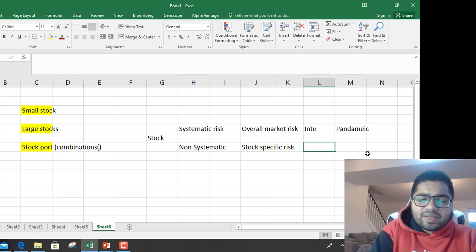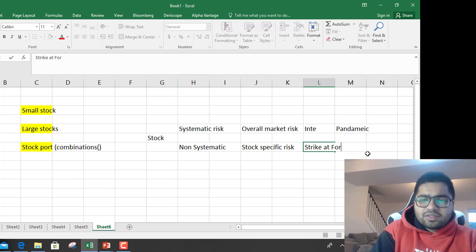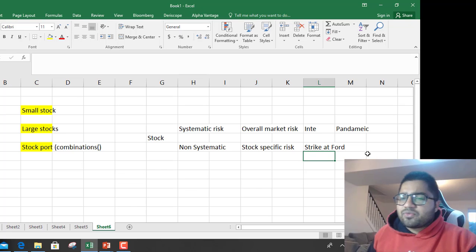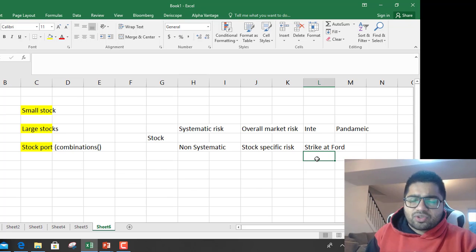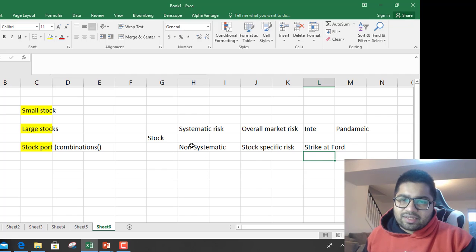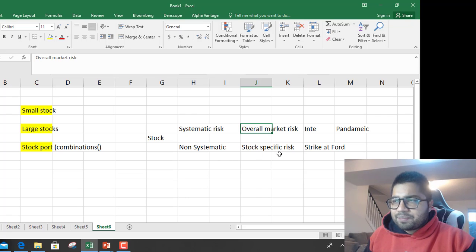Stock specific risk will be strikes at Ford Motors. So if people are striking at Ford Motors, it will impact Ford stock. It will not impact the overall market. So there is non-systematic risk and there is systematic risk. Systematic risk impacts overall markets.